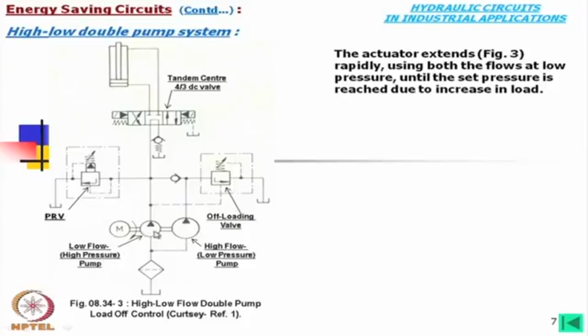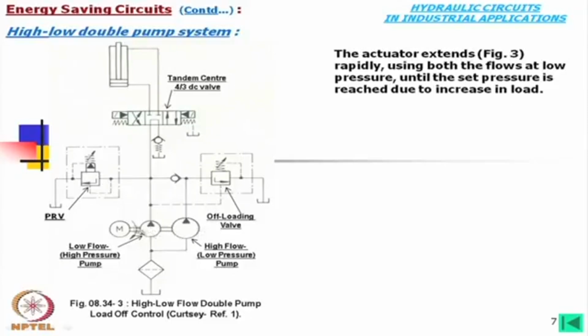Now, when it is totally low pressure, it is operating at low pressure, say the maximum pressure is 10 megapascals, but this pump may be with 5 megapascals. Sorry, this pump is maximum 5 megapascals and this can go up to 10 megapascals.